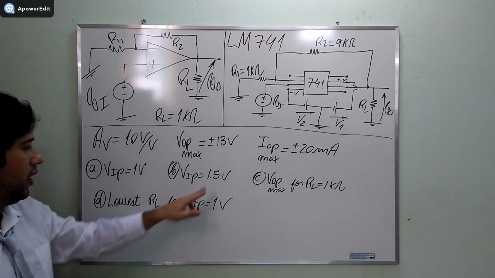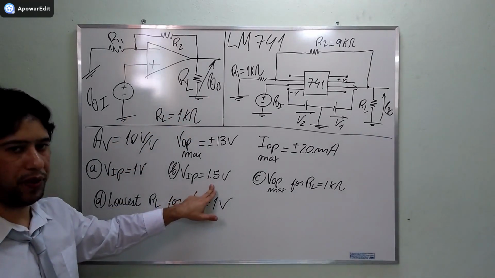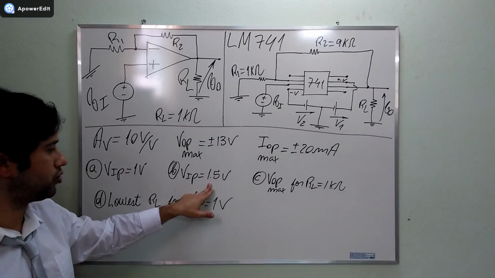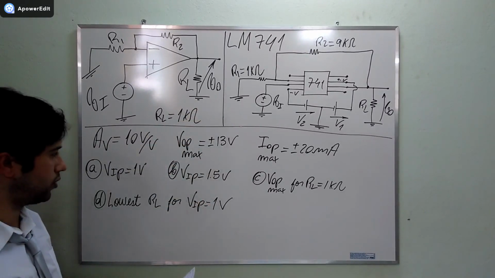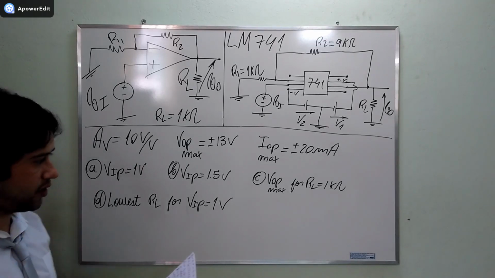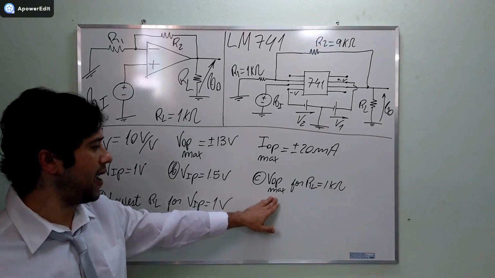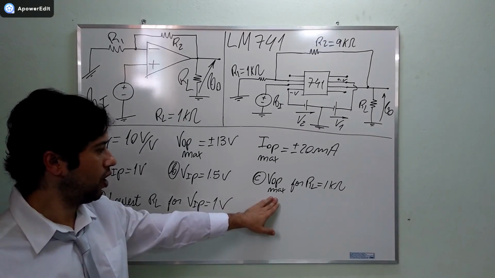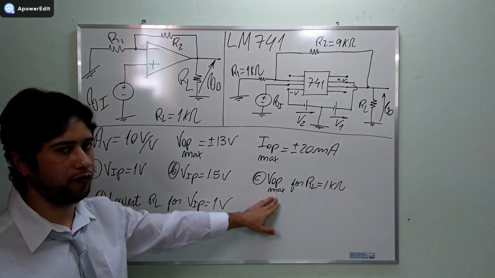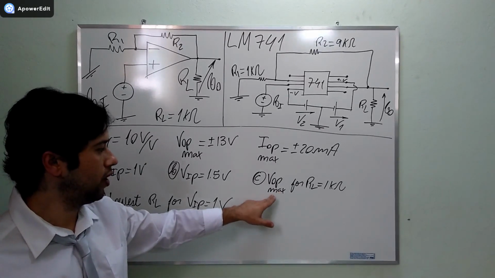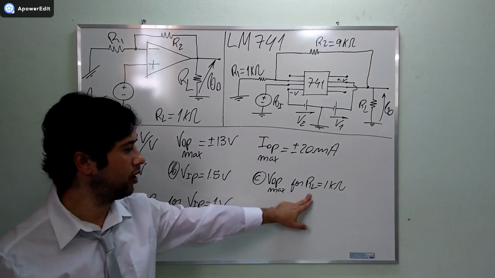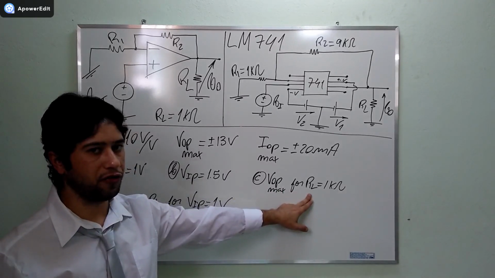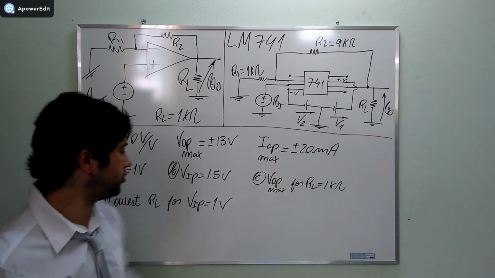Letter B, if the input has a peak of 1.5 volts, then specify the output. Letter C, I want the maximum value of the output voltage, the maximum value of the peak of the output voltage for a load resistance of 1 kilo ohm.